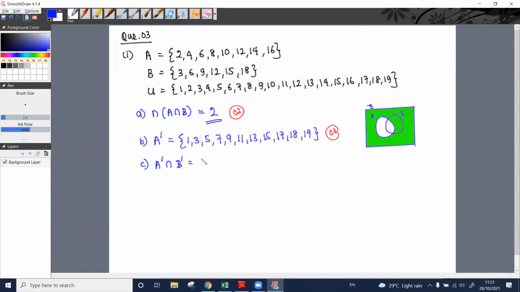Here also we need to write the set, not the number of elements or a probability. We are asked for the set, and we need to write that set. What is the region that belongs neither to A nor to B? What should that region be?